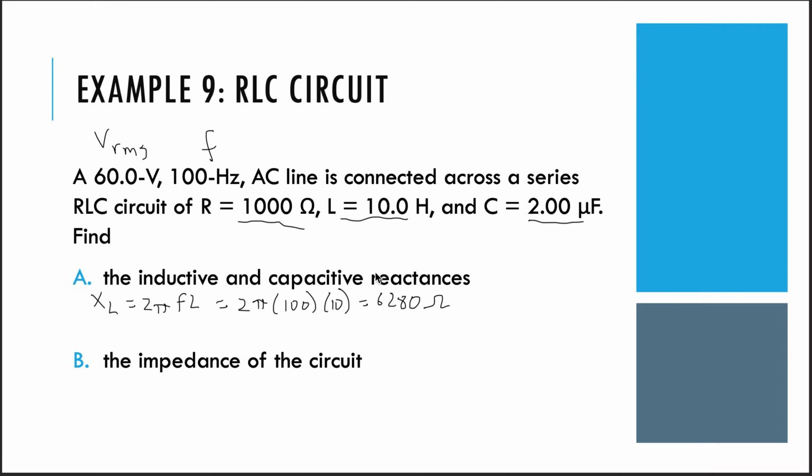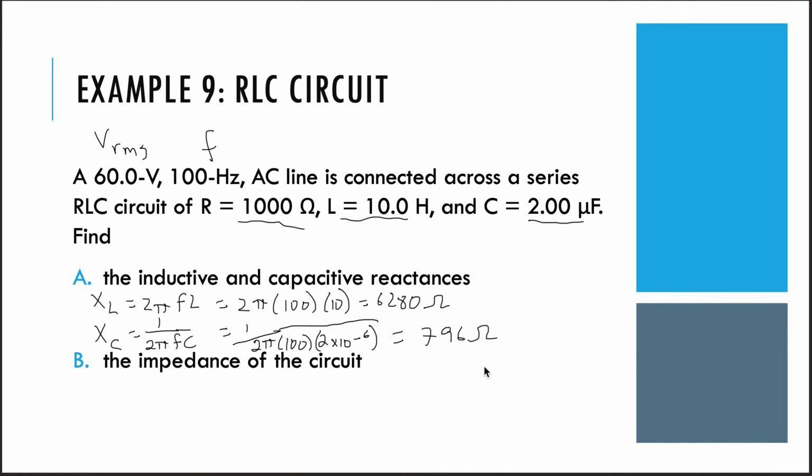And then the capacitive reactance, X sub C, is 1 over 2 pi fC. Once again, plug and chug: 1 divided by 2 pi times 100 times the capacitance, which is 2 times 10 to the negative 6. So 1 over all of this is going to give us 796 ohms.